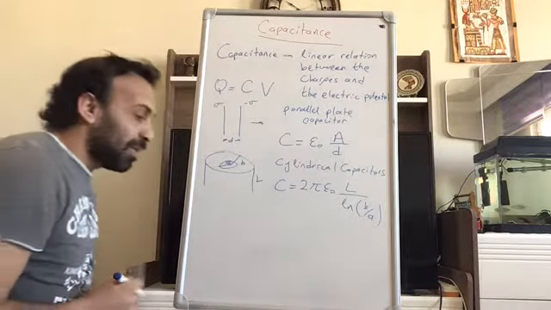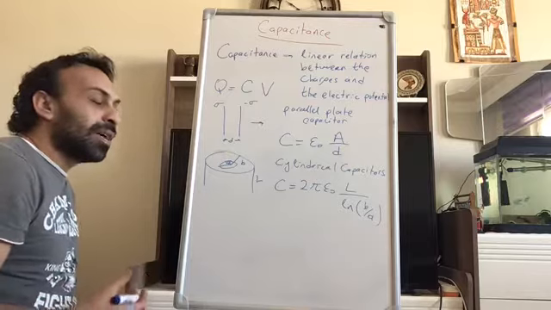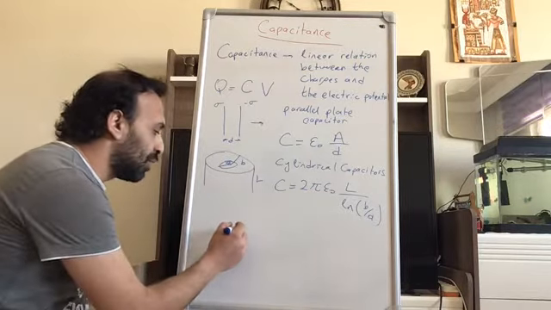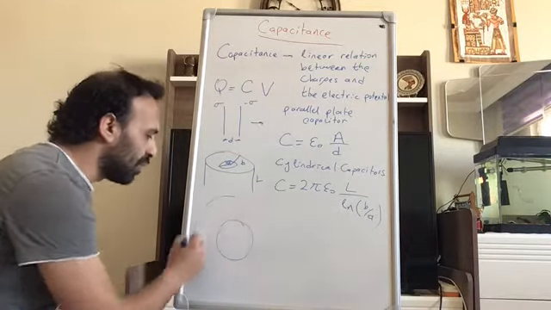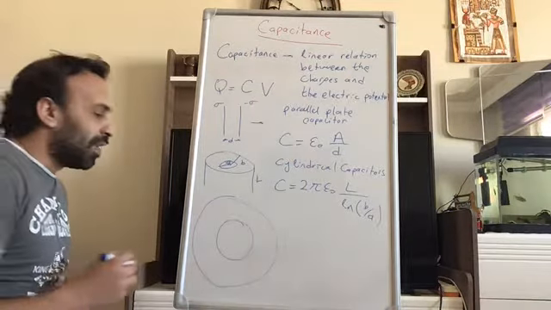And the last type we define is the spherical capacitors. In this case we have two concentric spherical shells.